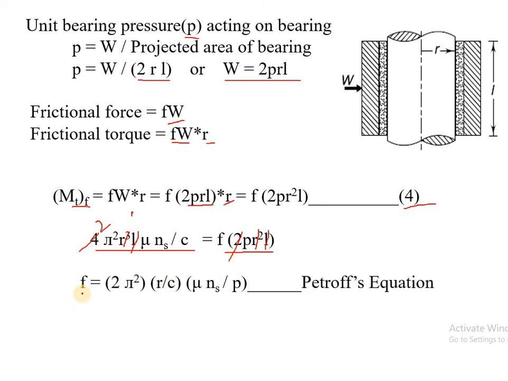f is nothing but the coefficient of friction. So you can write the equation in terms of coefficient of friction. As we are saying, Petroff's equation is used to find out the coefficient of friction. So it is equal to 2 pi square into R upon C, again in bracket, mu ns upon p. So by rearranging these terms, you will get this one term, second term and third term.